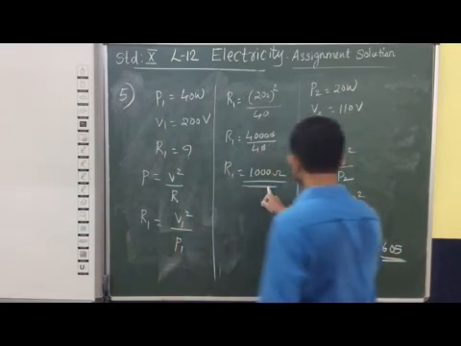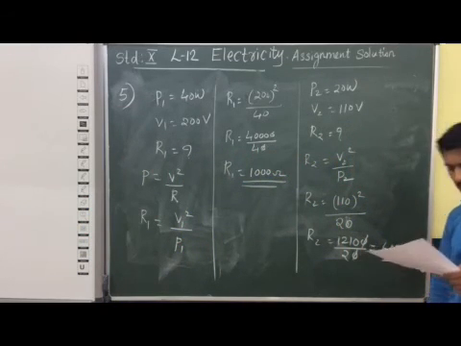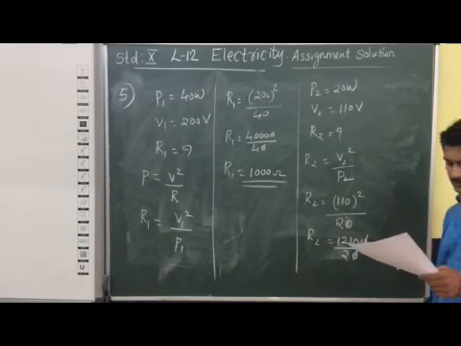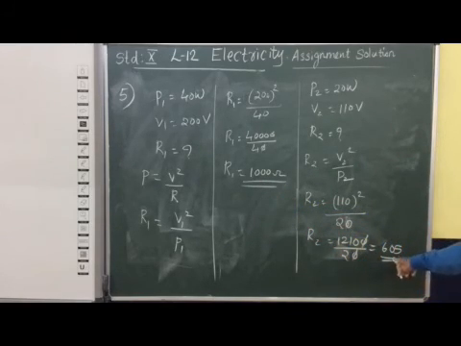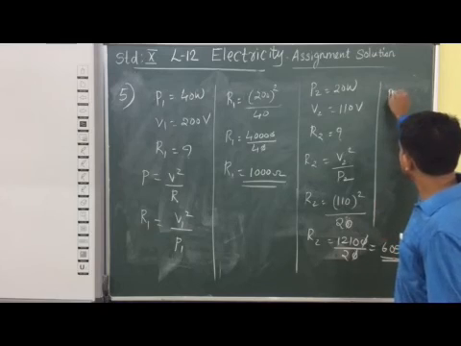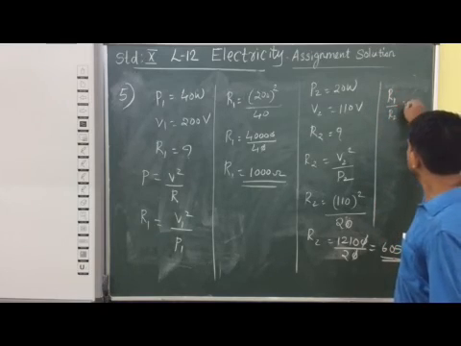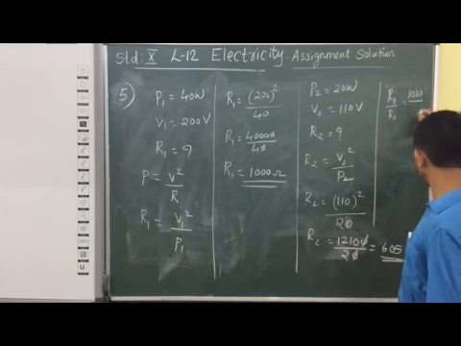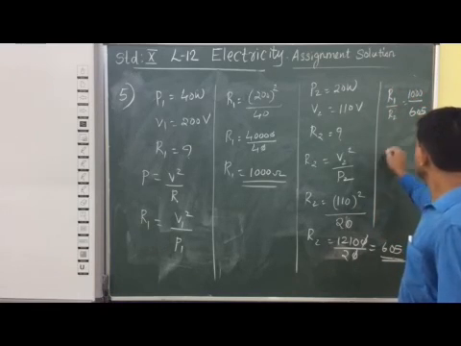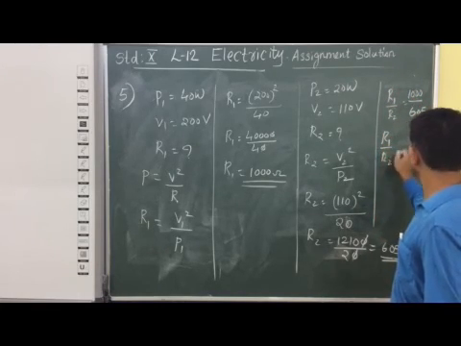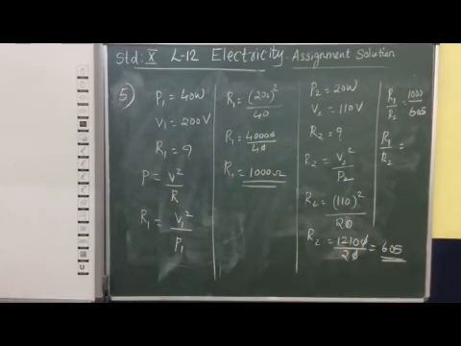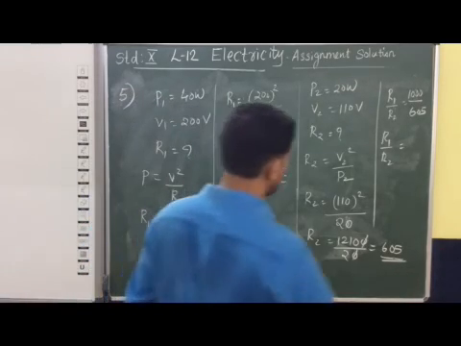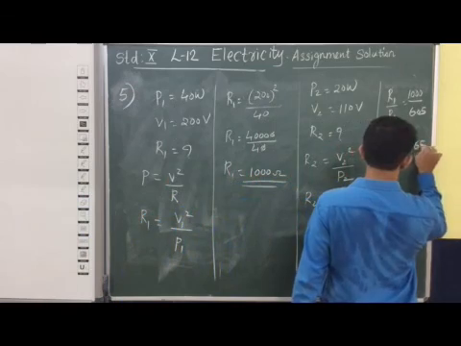We have to find the ratio only. R1 is 1000 and R2 is 605. If we take the ratio R1 by R2, that means 1000 divided by 605, it comes to 1.65.